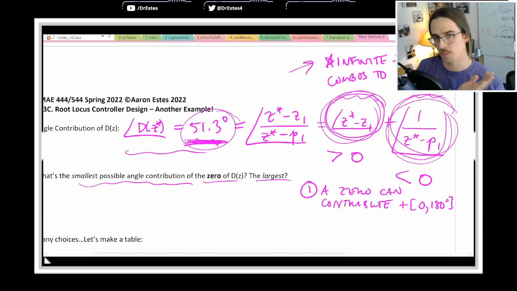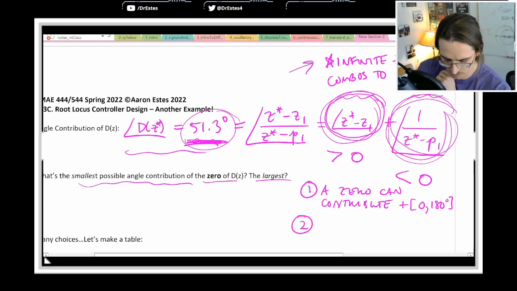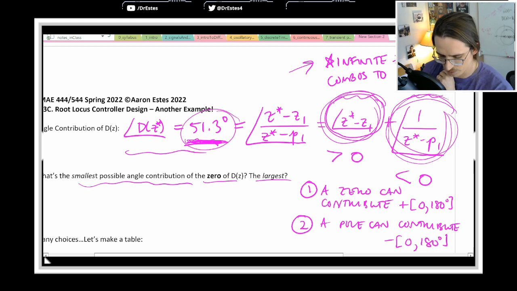It can't contribute more or less than that. A pole can contribute between minus 180 and 0 degrees.